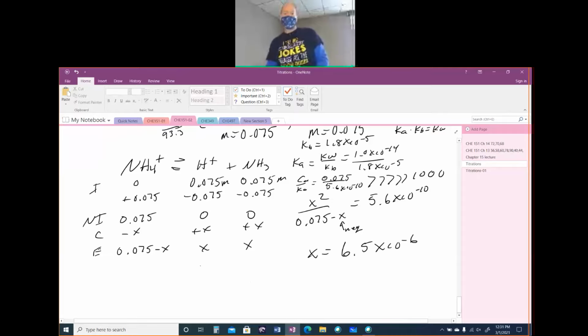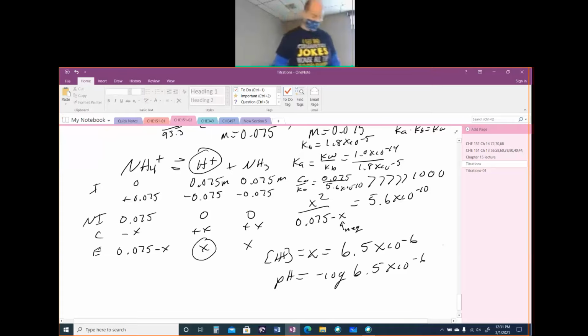All right, and then you have to see what x is over here. X is H plus. So that is the concentration of H plus, and so we can go right to the pH. The negative log of the 6.5 times 10 to the minus 6. And 5.19 is the pH at the equivalence point.